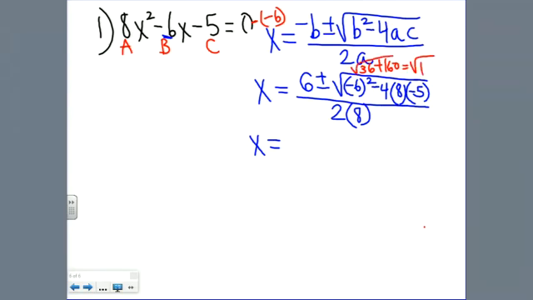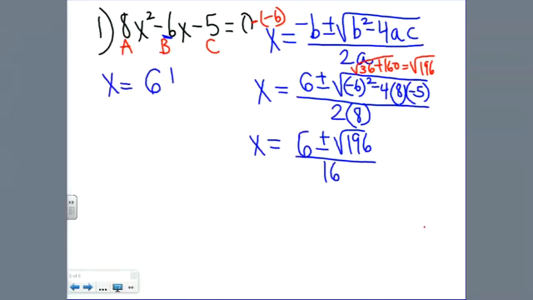So we have the square root of 196, and that's all over 16. We saw earlier the square root of 196 is 14. So we now have 6 plus or minus 14 all over 16.